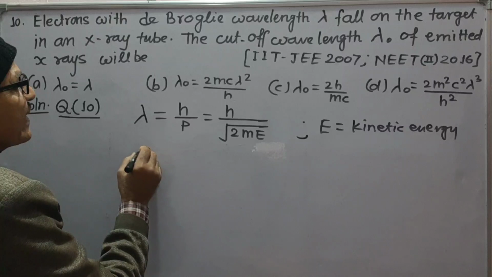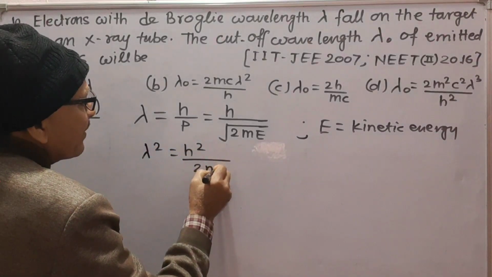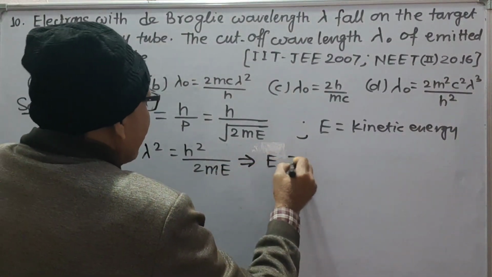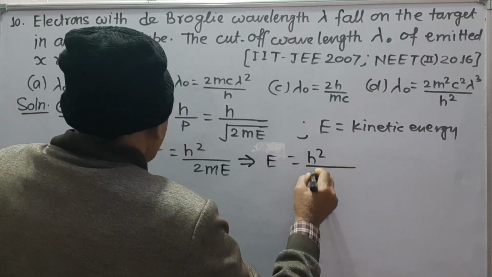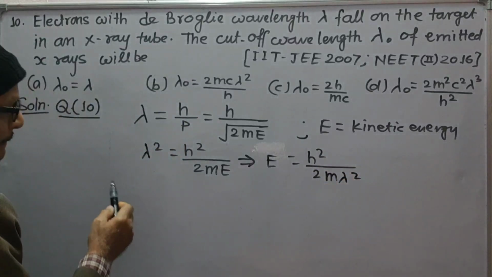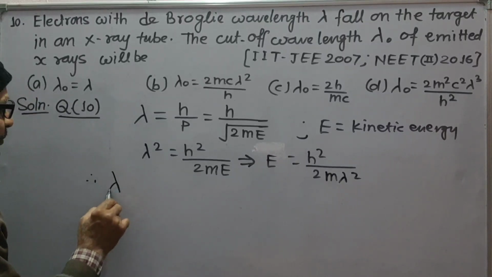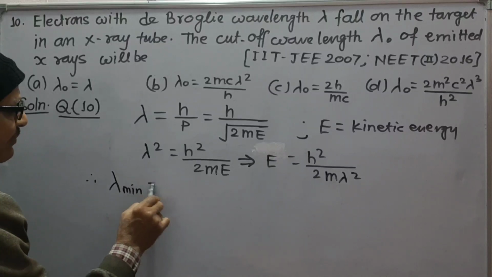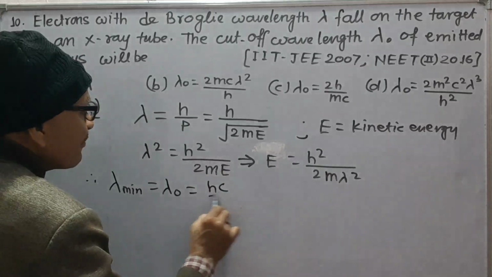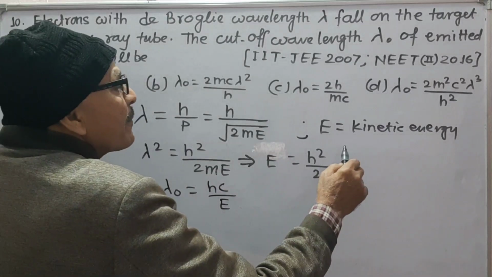Squaring on both sides, we get lambda square is equal to h square upon 2 m into E, which gives E as h square upon 2 m lambda square. Therefore, cutoff wavelength lambda minimum, which is equal to lambda naught, will be equal to hc upon E, where E means eV.